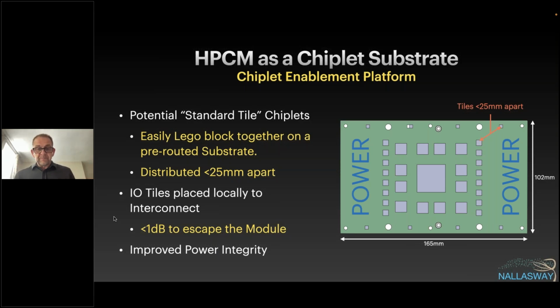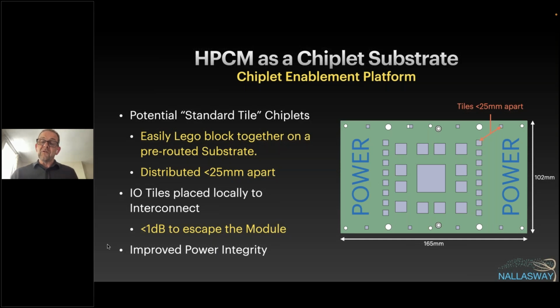One of my main points here, which I didn't really emphasize, is that with OAM, you need 8 dB to get off the module. So you use over 50% of the 30 dB budget just to communicate between the modules. If you put these little I/O chiplets directly over the high-speed connectors, we can probably get to less than a dB to escape the module.